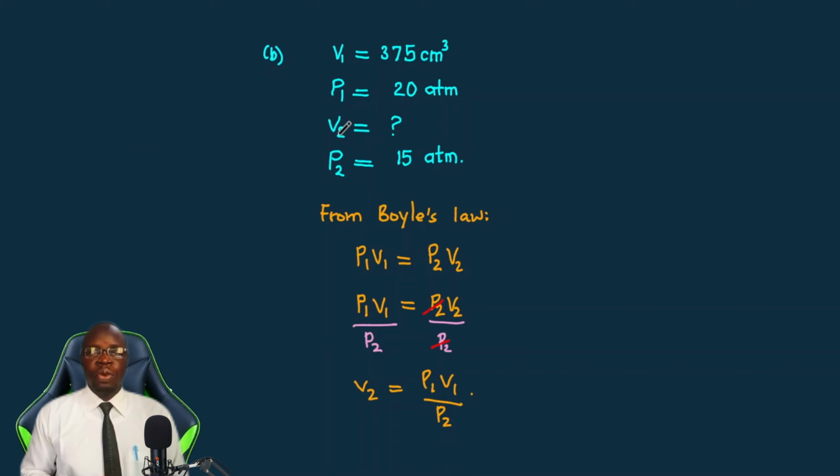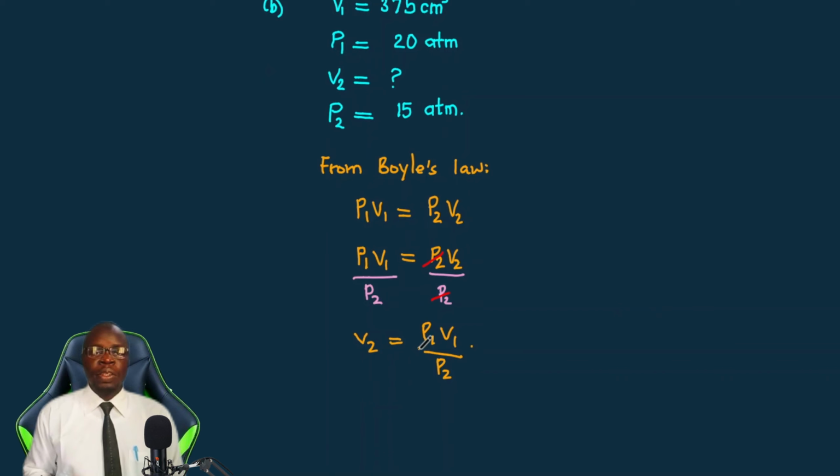And to remind you, we'll have 4 numbers to work with in this example of Boyle's law. So let's move on and insert what is necessary here, starting with our pressure 1 being 20 atmosphere. So V2 is given by pressure 1, that is 20.